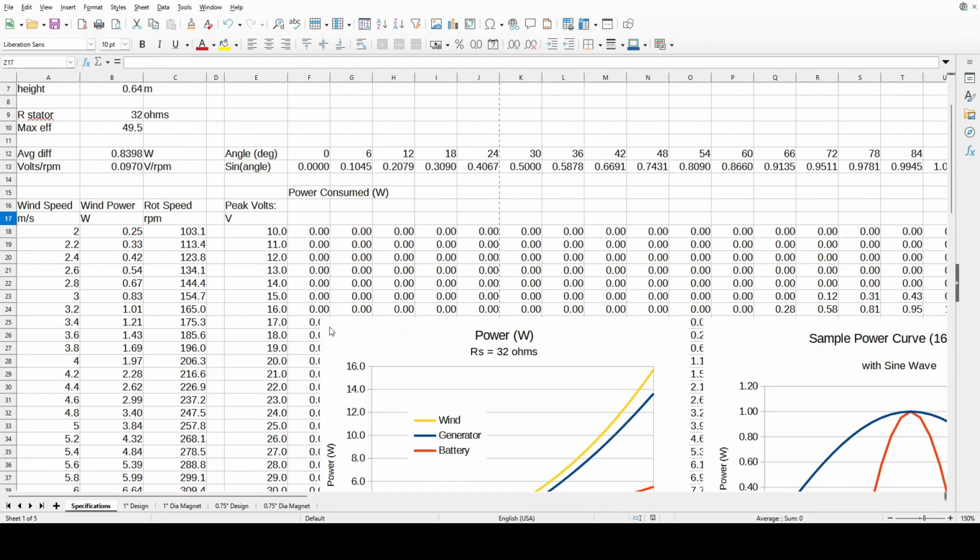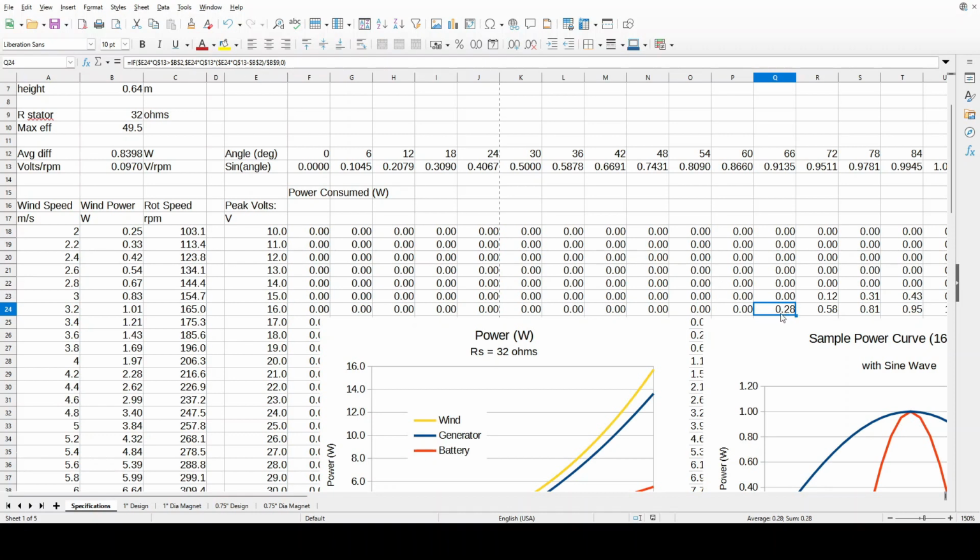So I can model the open circuit voltage, and then to calculate power, I have a conditional statement in here where I say if the open circuit voltage is greater than the battery voltage, then I calculate power using that, figuring the current and multiplying by the open circuit voltage.